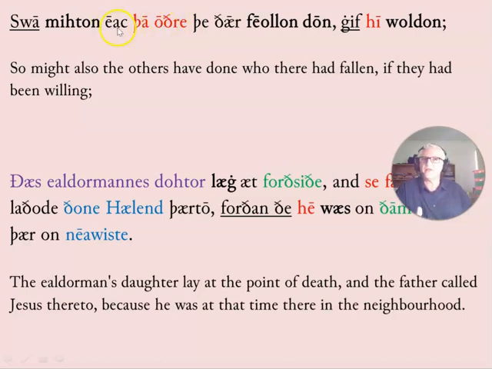Eg is others, okay, as might or so might also the others who there fallen have done. Okay, here notice so might also the others have done who there had fallen, and then so the first verb you have there is done, have done. So don goes there on the end, and then might is the first verb. Sorry, and it goes up here in the second location as it normally should.